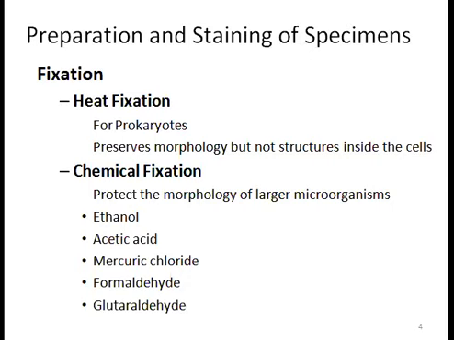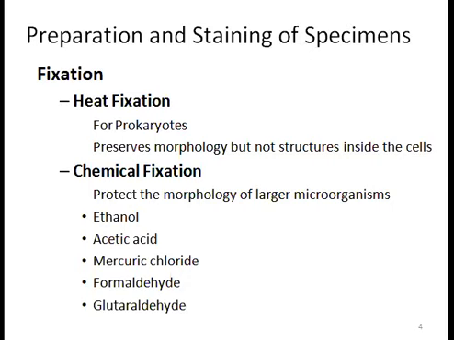For example, the cytoplasmic contents or other parts, such as the ribosomes in the case of prokaryotes, cannot be preserved. The other method is chemical fixation. It is used to protect the fine cellular structure and the morphology of larger and more delicate microbes.